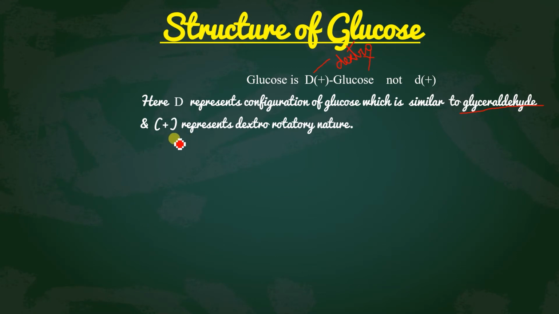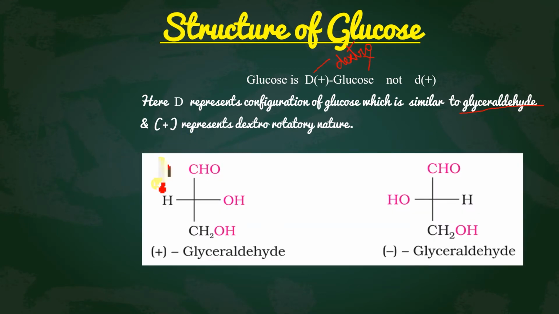If we see the structure of glyceraldehyde, the upper one is CHO, at the bottom is CH2OH, and in between there are CHOH groups. But as a whole, if we see the outer structure, glucose also has CHO at the top and CH2OH at the bottom, with OH on the right side and H on the left side.